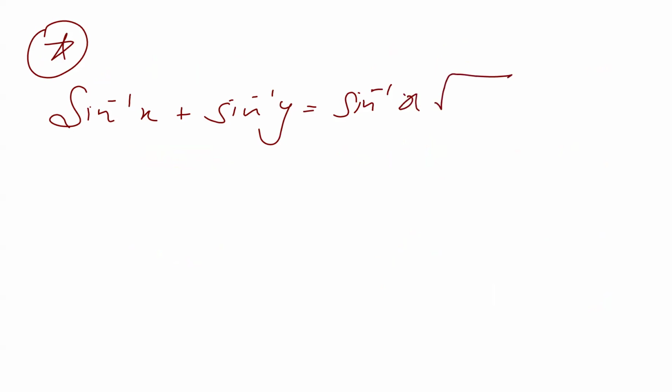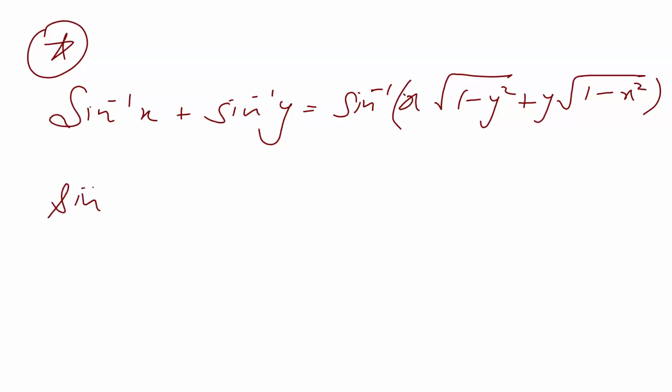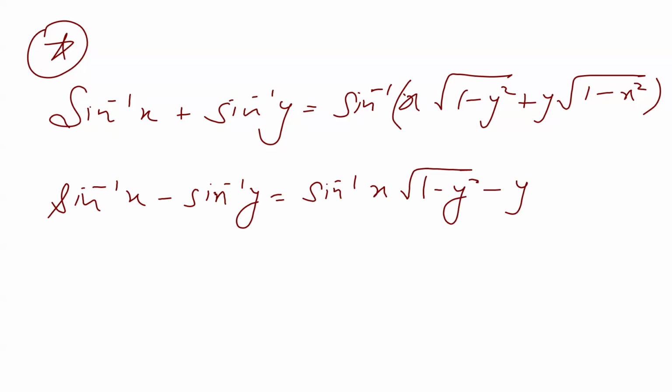Next, sine inverse of x plus sine inverse of y is sine inverse of x root 1 minus y square plus y root 1 minus x square. Sine inverse of x minus sine inverse of y is sine inverse of x root 1 minus y square minus y root 1 minus x square.